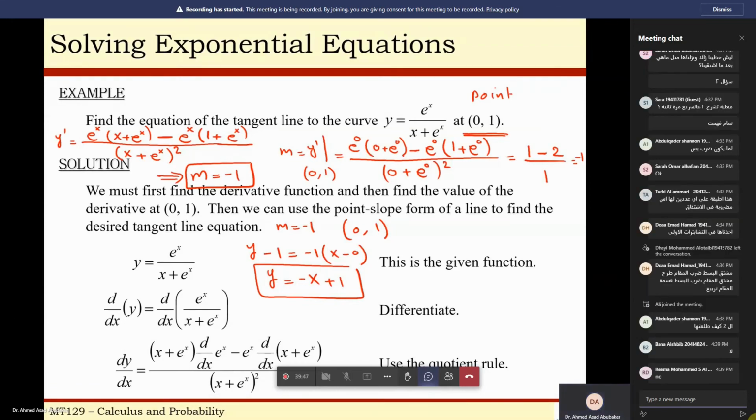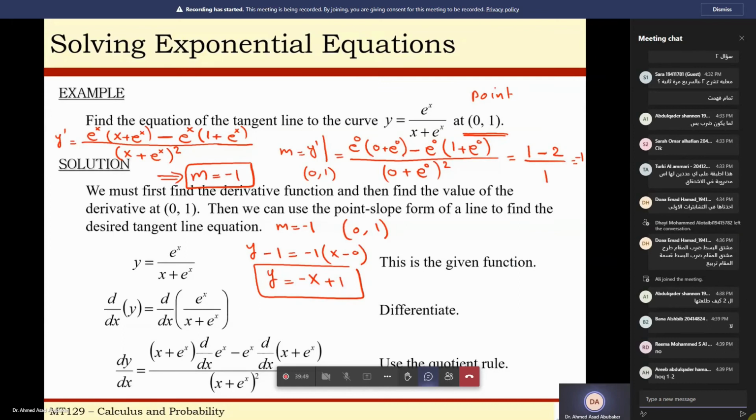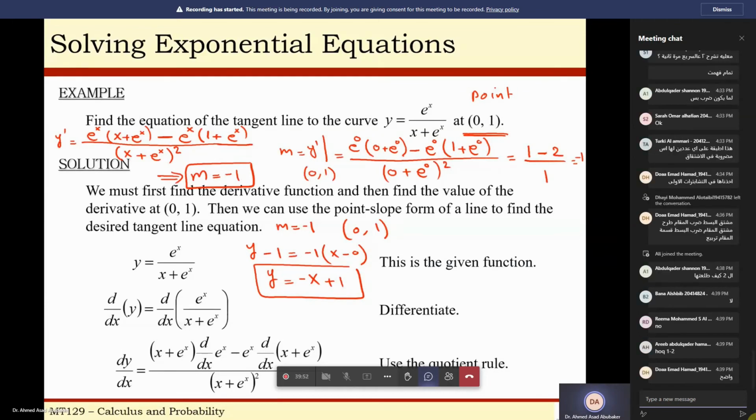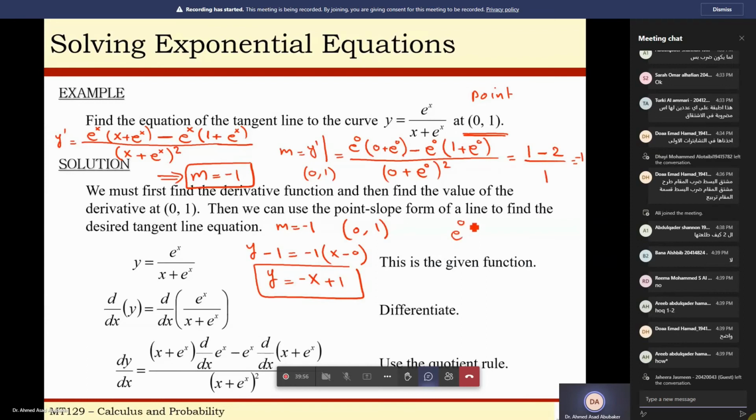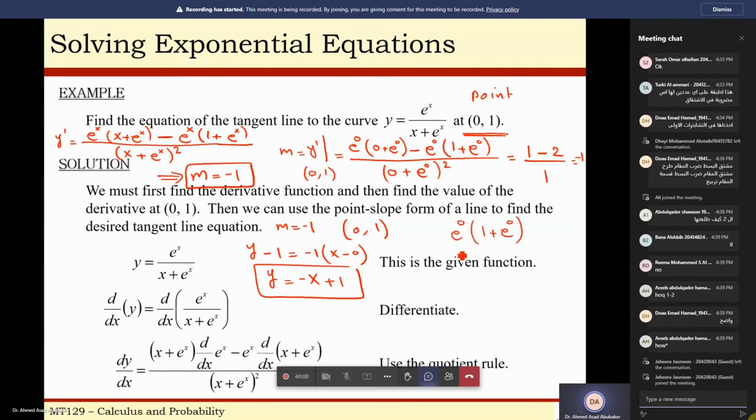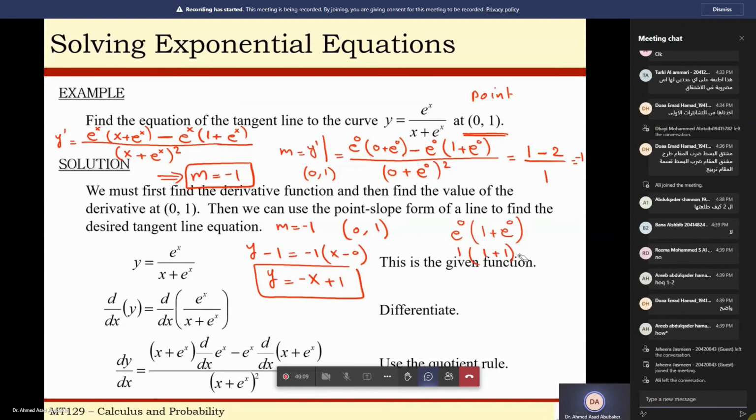e to the power 0 is 1, عبد القادر, e to the power 0 is 1, plus e to the power 0, this e to the power 0 is 1, and I have 1 and e to the power 0 is 1, 1 multiply 2 is 2, واضحة يا عبد القادر. You can use the calculator also. 1 minus 2 how?